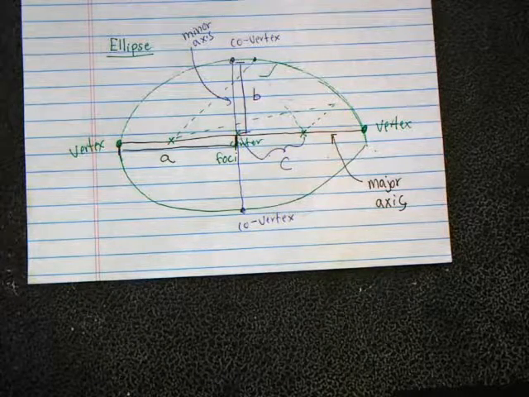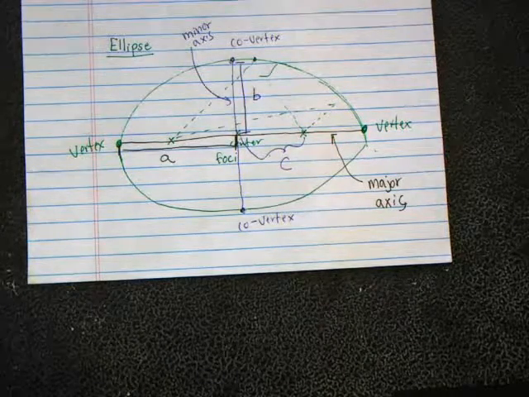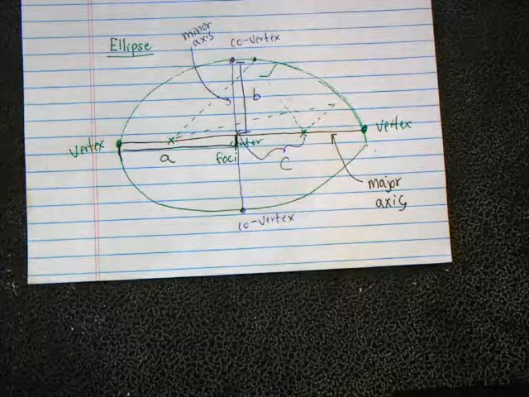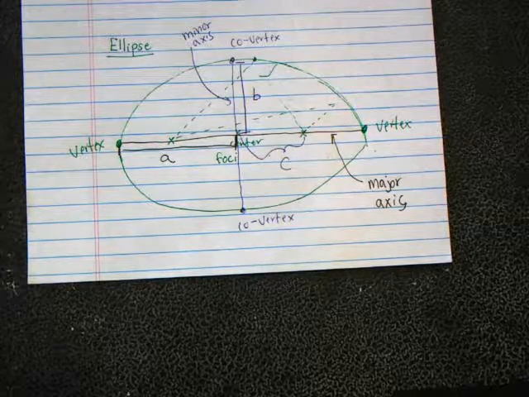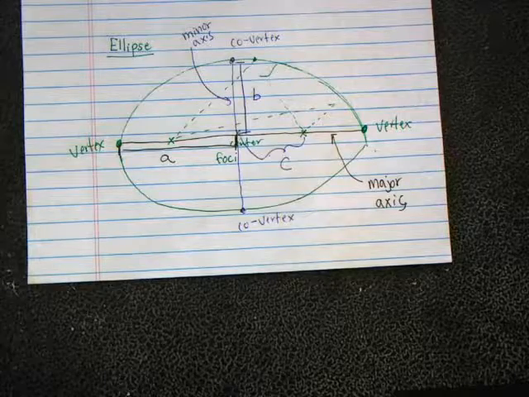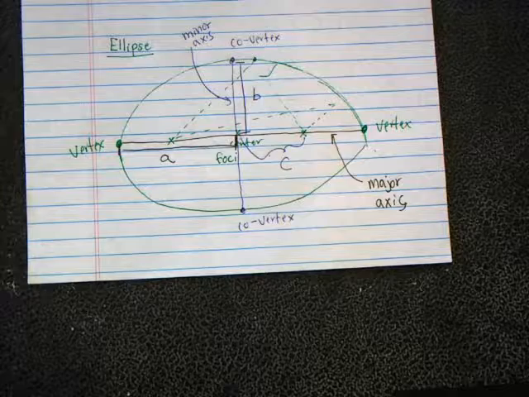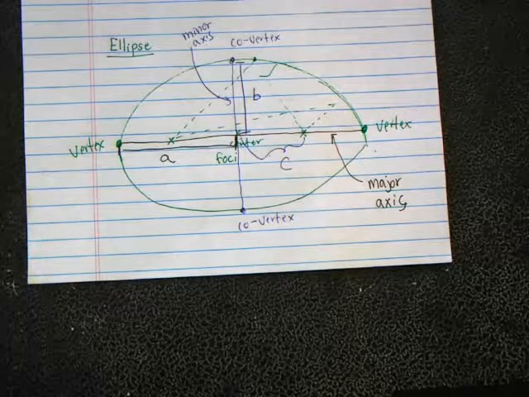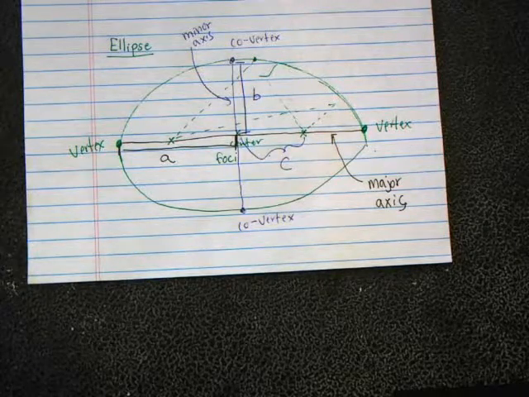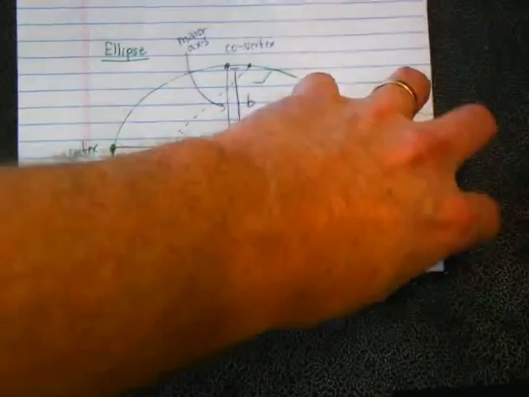Alright, so we have lots and lots of terminology, and lots of words, lots of symbols, lots of distances involved with the ellipse. Alright, now comes the equations. We're going to, again, make our life pretty easy.